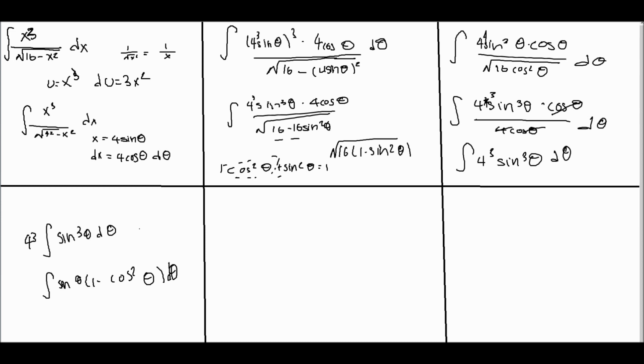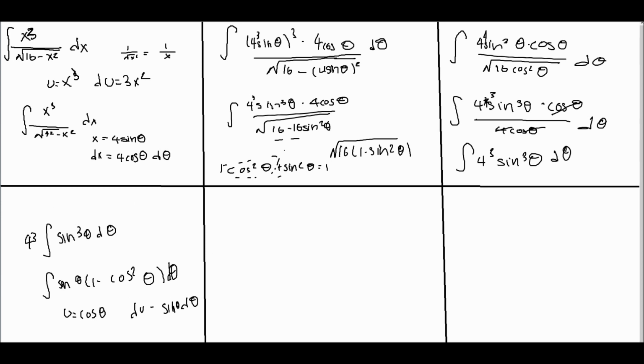So now we're going to use our u substitution because there is a clear consistency here. So we can say u is equal to cosine theta, and du is equal to negative sine theta d theta, which means that our integral is as follows.